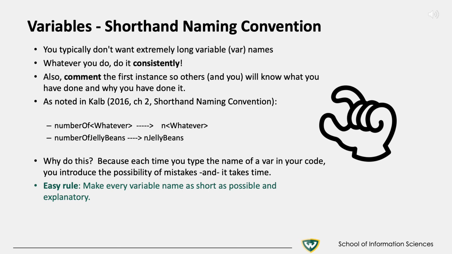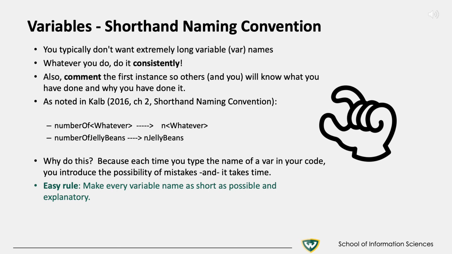Now, why do we need to do shorthand? Well, you're going to have to type this more than once. So each time you type that name of the variable in your code, you introduce the possibility of mistakes. Say you misspell it. Say you accidentally forget to uppercase that second word or third word. Whatever. It's going to cause a problem. Also, it takes time.